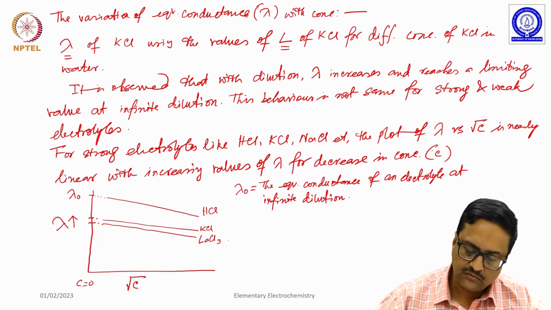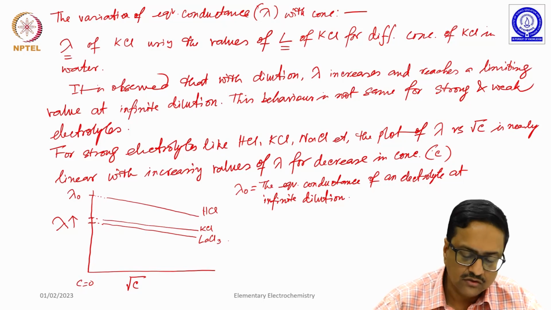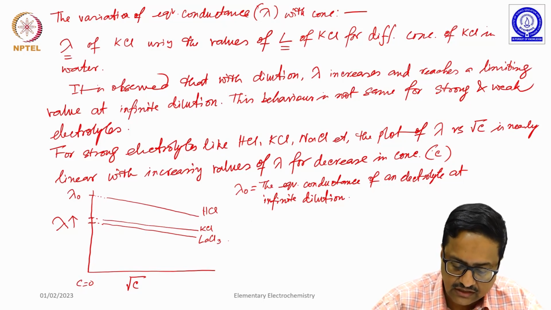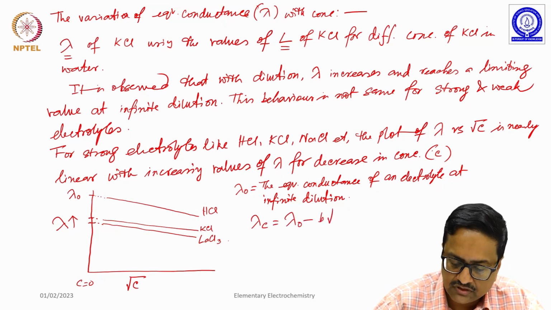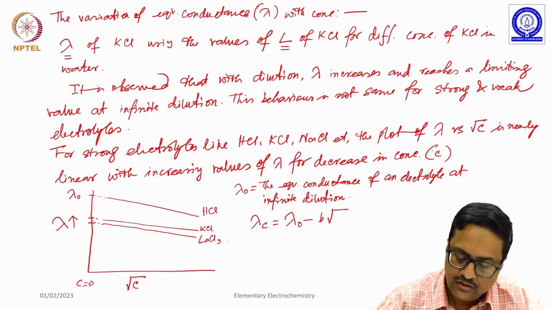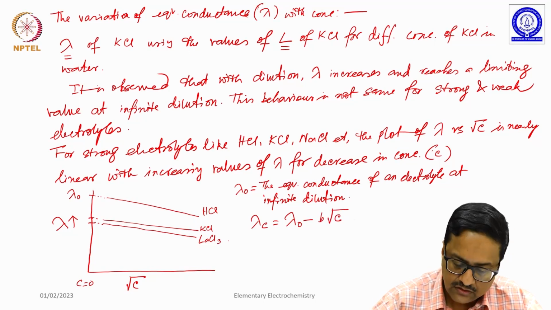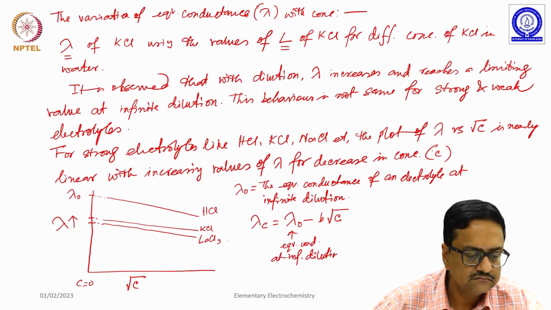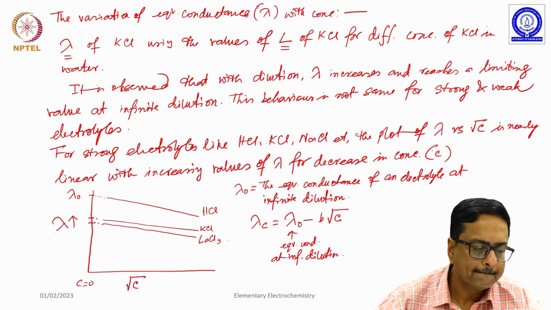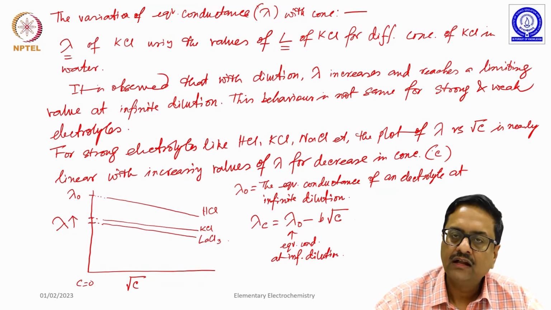So when you see this kind of plot, it looks like it is following a straight line, which is lambda c equal to lambda 0 minus some constant b square root of c. This is called the equivalent conductance at infinite dilution. Right?